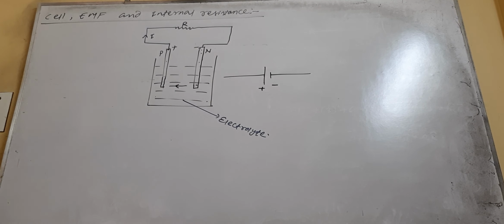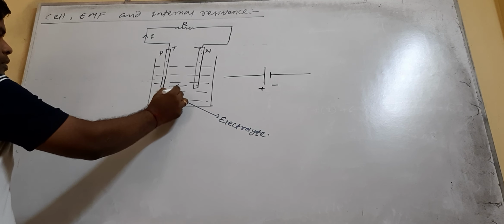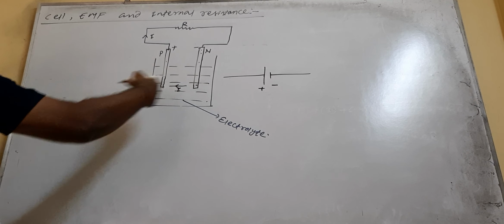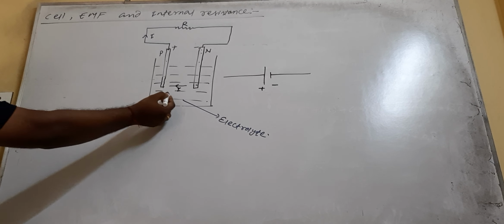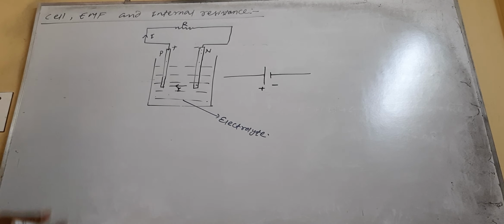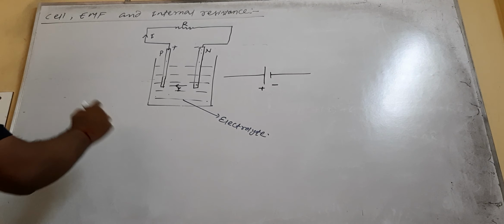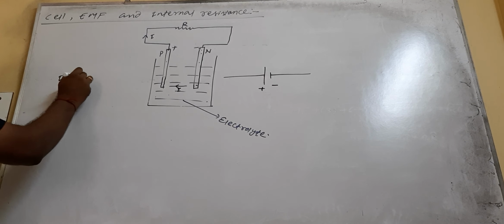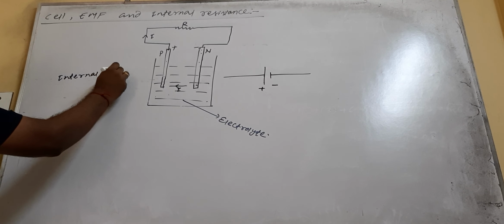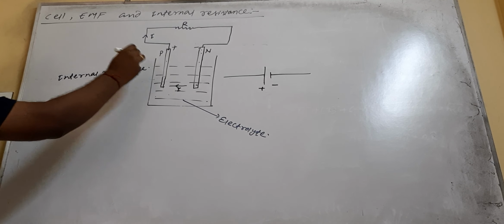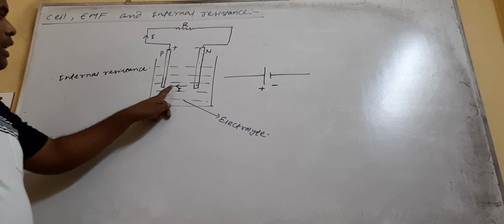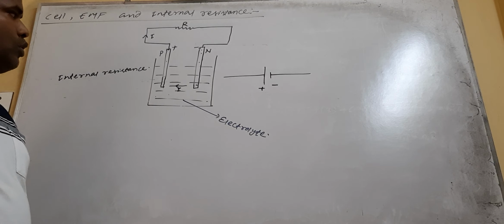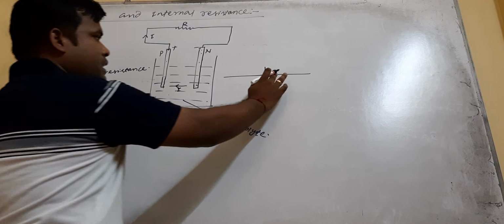When the current passes through the electrolyte, the electrolyte offers some opposition. That opposition is called internal resistance.